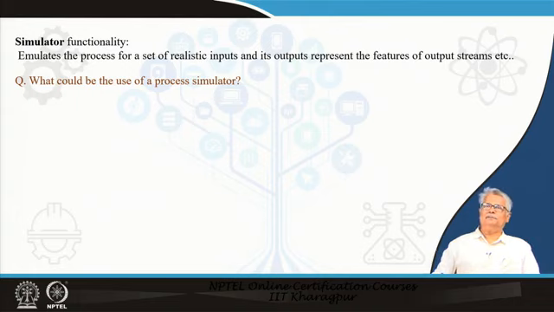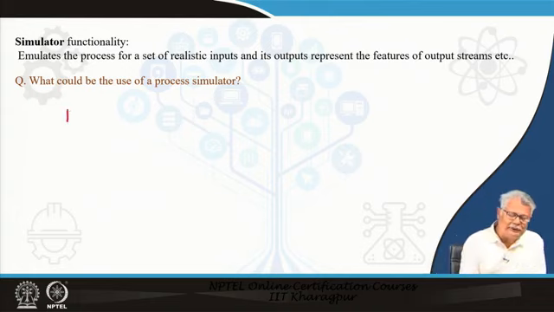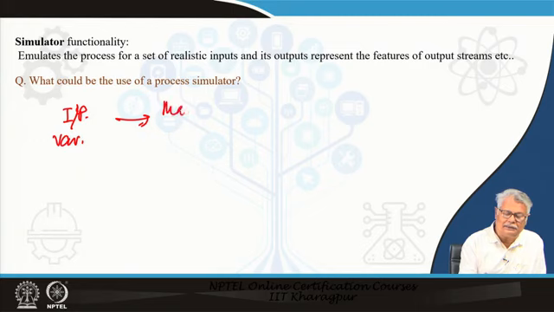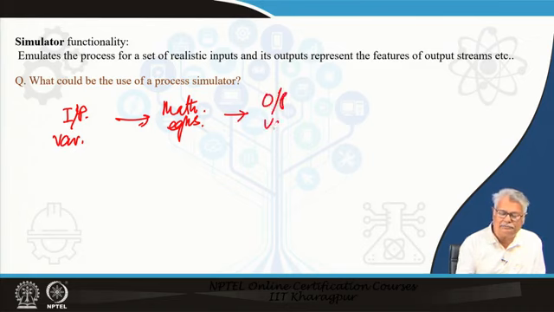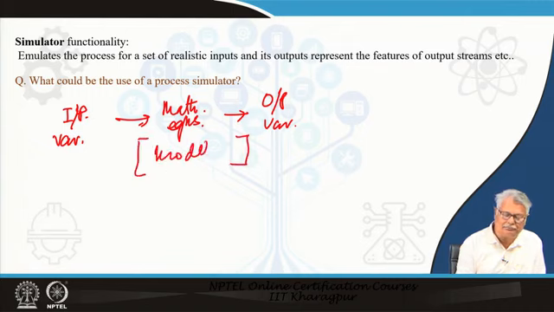Then, if I know my input variable values, and if I know my mathematical equations that connect the variables, then I can always find out the output variables, and this set of mathematical equations is my model, often known as a mathematical model.